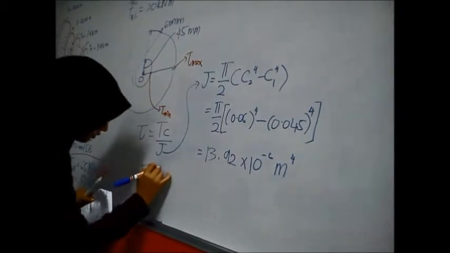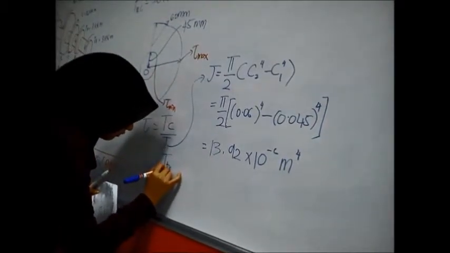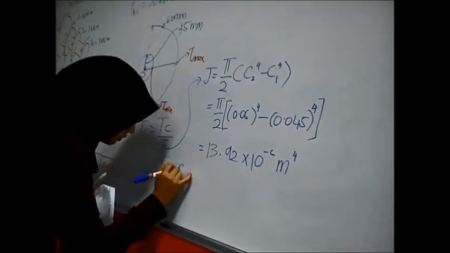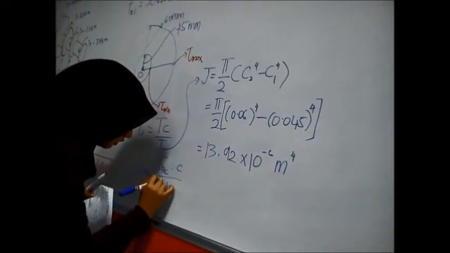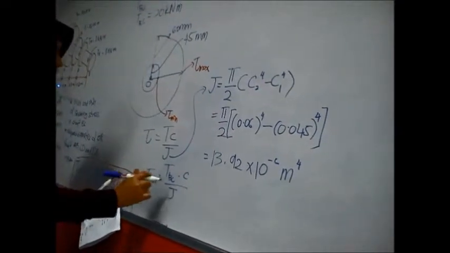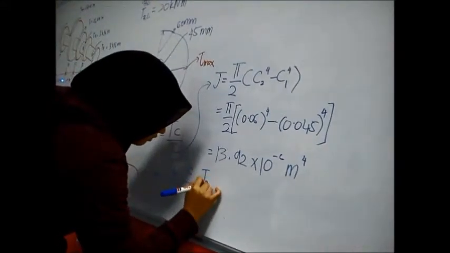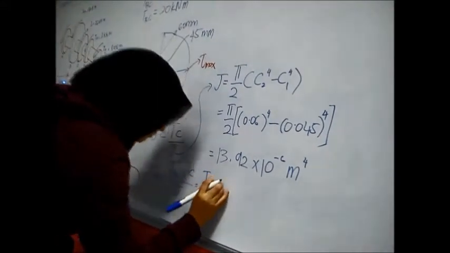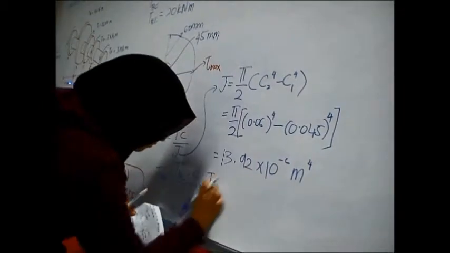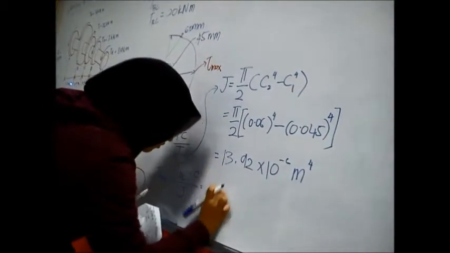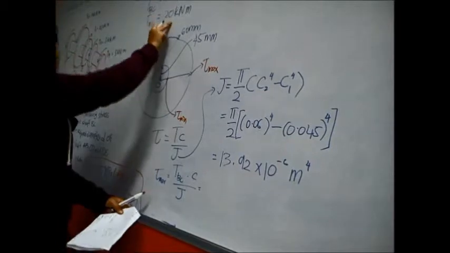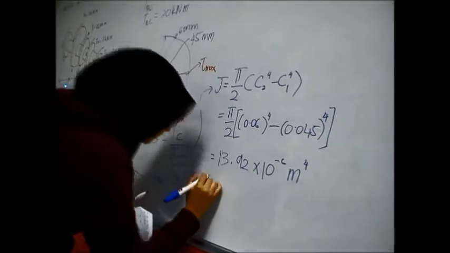Here we go to T_BC times c over J. So T_BC from here is 20 kilonewton meter.